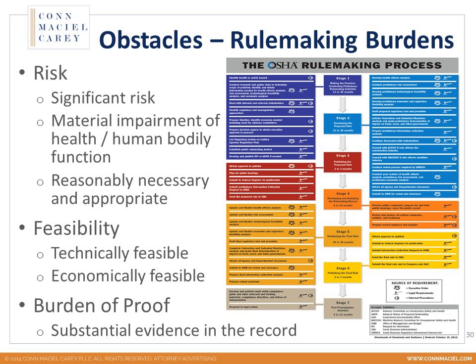Under the statute, and the case law that interprets the statute, a standard will be determined to be technically feasible if a typical firm or establishment will be able to develop or install engineering and work practice controls that can meet the PEL in most operations.